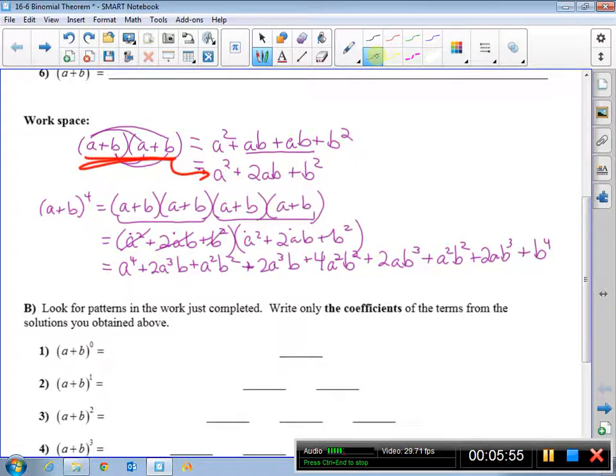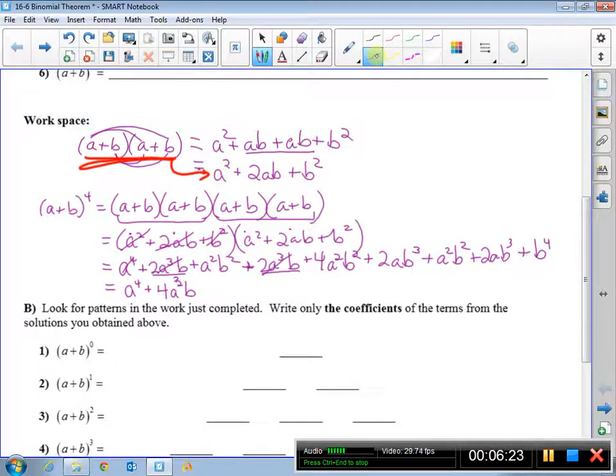Okay, whew, we're done. So we have some terms we can put together. A to the fourth is all on its own. 2a cubed b, I have this one, and this one is 4a cubed b. There we go. 4a cubed b.